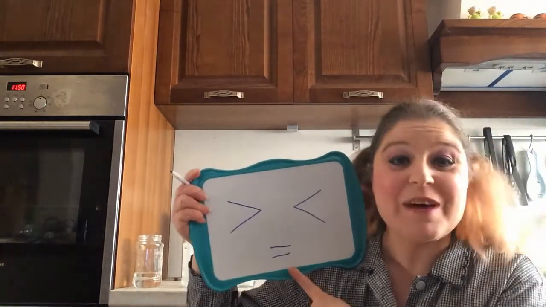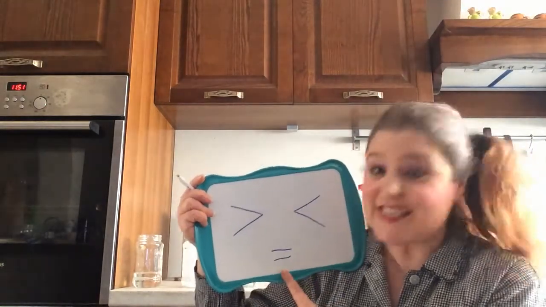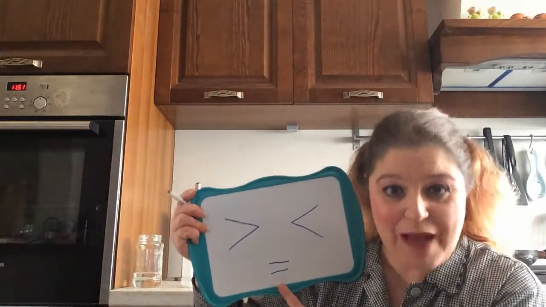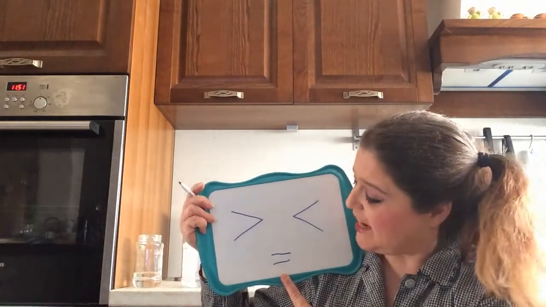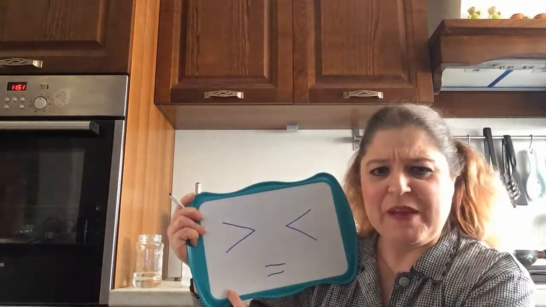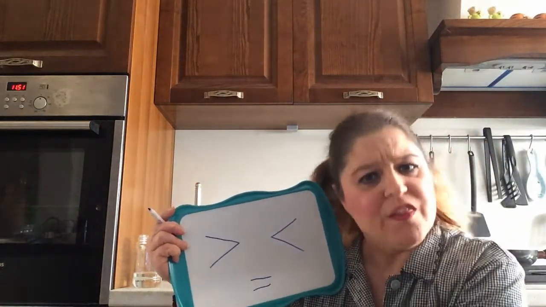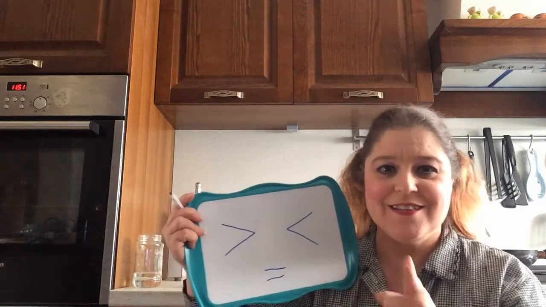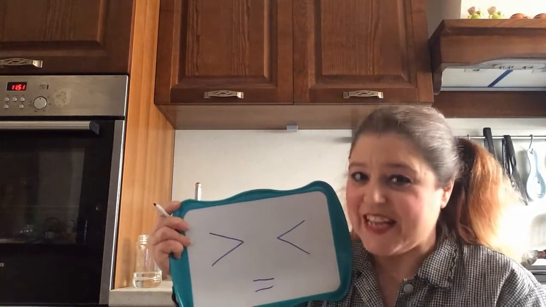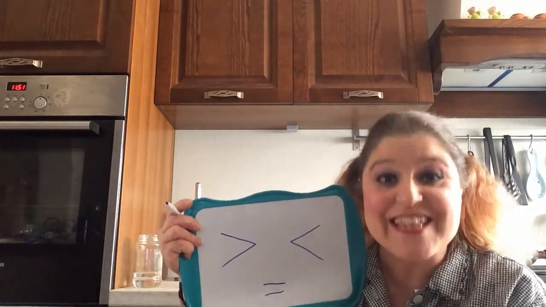Very good. We've talked about it so many times. This sign means the same as. That means the volume of the container on this side will be the same as the volume of the container on this side. So, we're going to be using these symbols for our next activity.